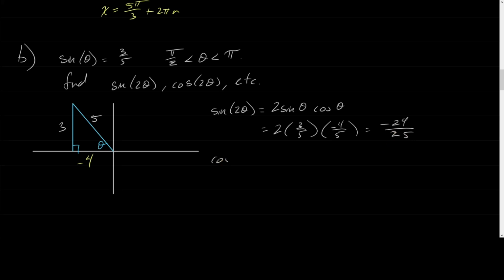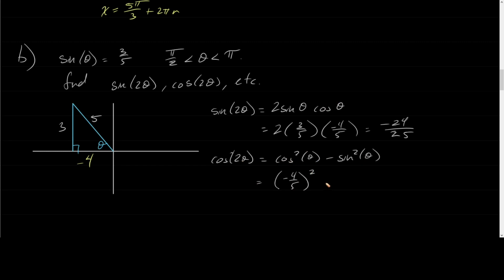Let's figure out cosine. Cosine of 2u, well, I'm going to write this as cosine squared minus sine squared, and we're working with theta, not u. Cosine of 2 theta is equal to cosine squared of theta minus sine squared of theta. And at that point, we already know what cosine was. Cosine was negative 4/5.